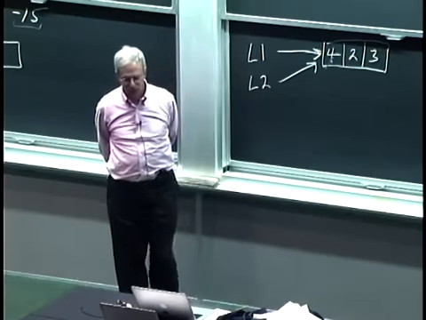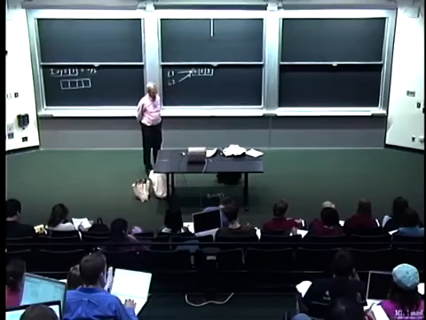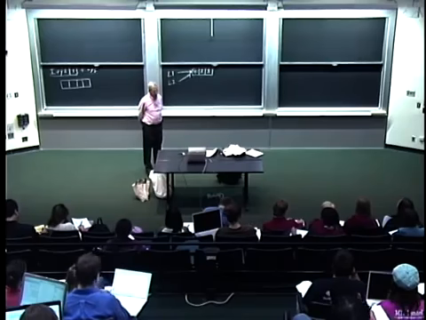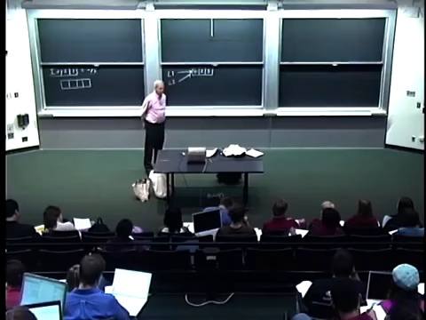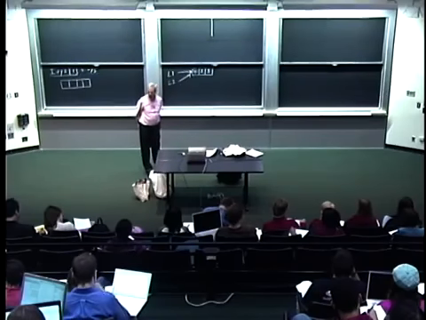Yes? How is that different than assigning variables to just a plain value, say you have A equals 2, and then B equals A, and then if you change A to 3, B still equals 2.